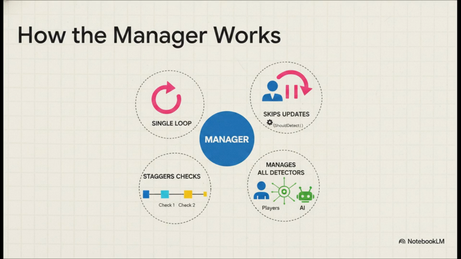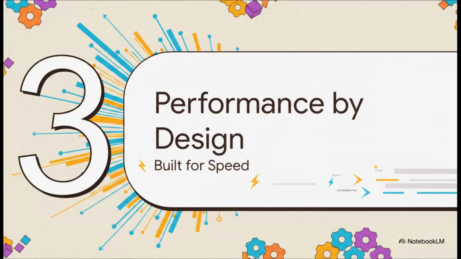It runs one single, highly optimized loop for the entire scene, not one for every object. It even staggers these checks over time, which is huge for preventing those awful lag spikes. And it's smart. It'll skip updates entirely if nothing's moving. Plus, it manages everything from your player to your AI characters, all from one central place.